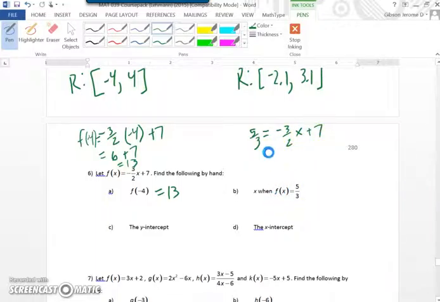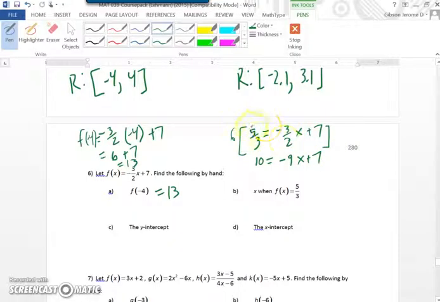Now, we want to get x by itself. First we can start off by getting rid of these denominators. The common denominator of all these values is 6. So we can multiply everything by 6, and this will give us 10 is equal to -9x plus 7.